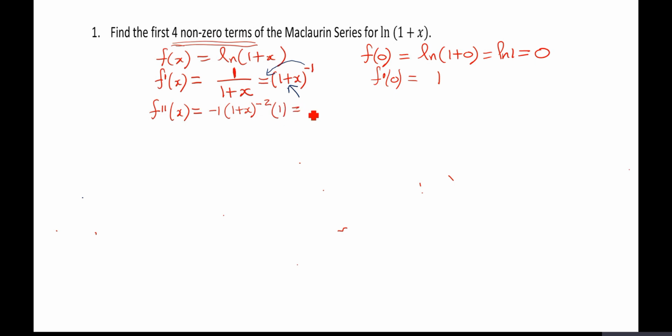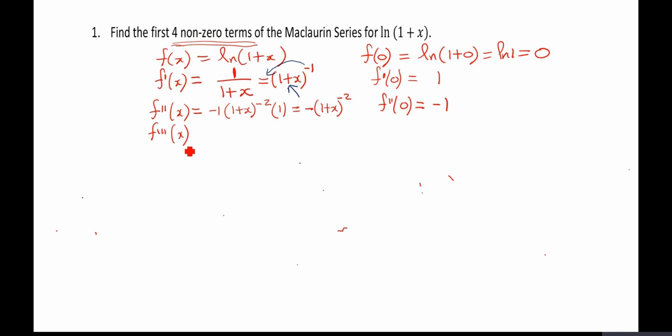So here I get negative 1 plus x to the power minus 2. Now I must substitute 0 into there, 1 plus 0 gives you 1 to the minus 2, which is 1, that gives me minus 1. And then I'm going to continue.